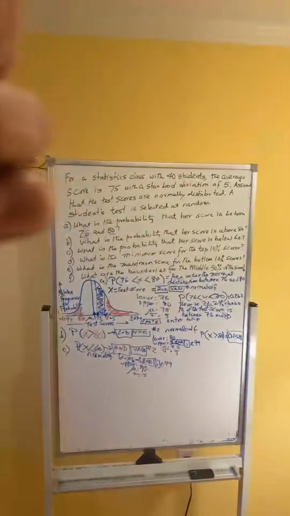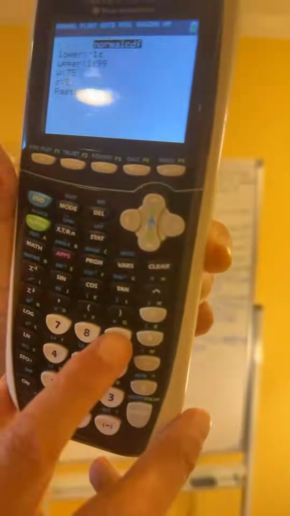Minus, then the 1 button, then the second button, and the comma button on top of 7 will give me the E. E stands for 10 to the power of. E, then I type 99. What does it mean? Minus 1 followed by 99 zeros, which is a very small negative number on the left. The curve stretches to negative infinity on the left.